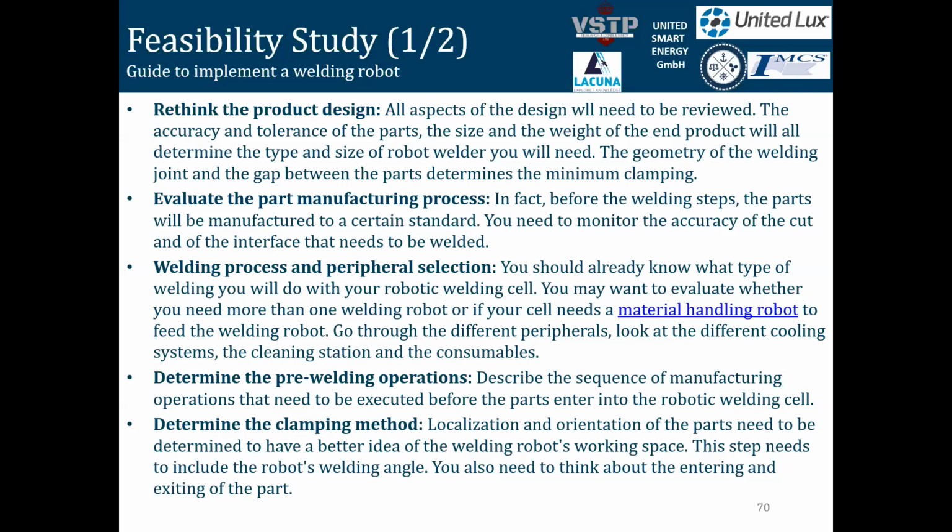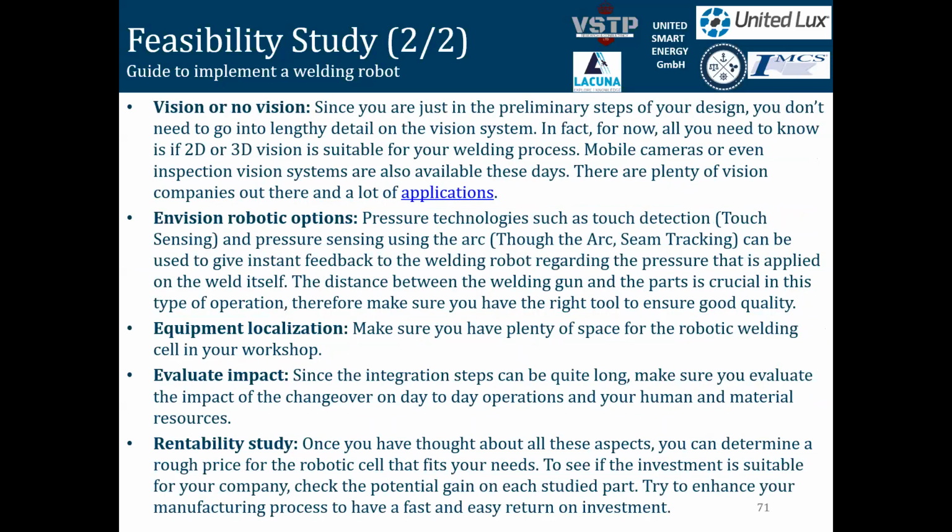And do you need a vision system, some 2D vision system, some 3D vision system, or maybe no vision system? Then what are the different robots? Do you need some different touch sensors, or do you do it through the arc sensing? This is possible. Do you need some seam tracking?